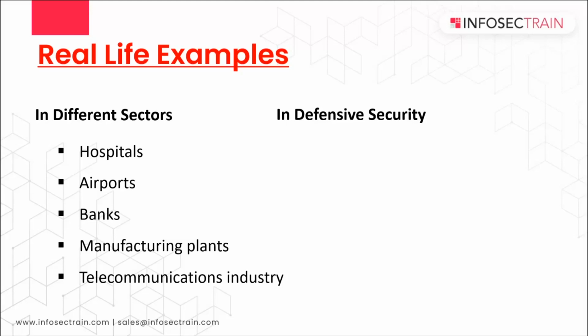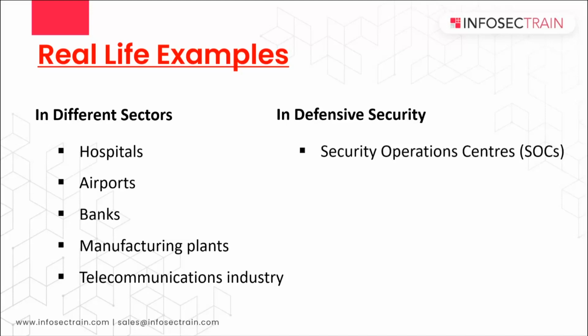Data centers as well, guys. We'll talk about that in the defensive security part. Now, what are the different real life examples in defensive security, those who need power supplies? The first one is data center. Then what about next?